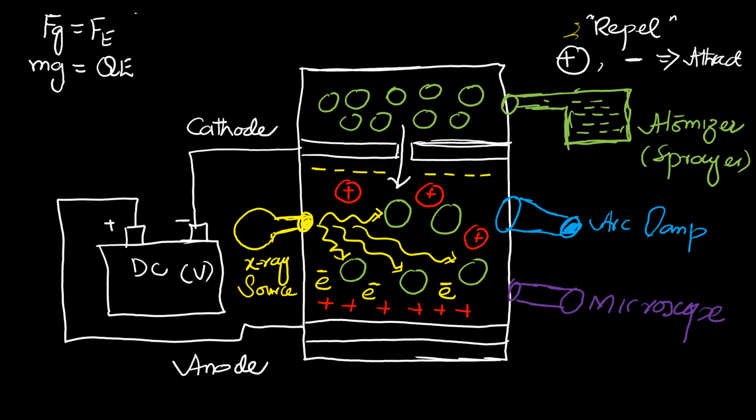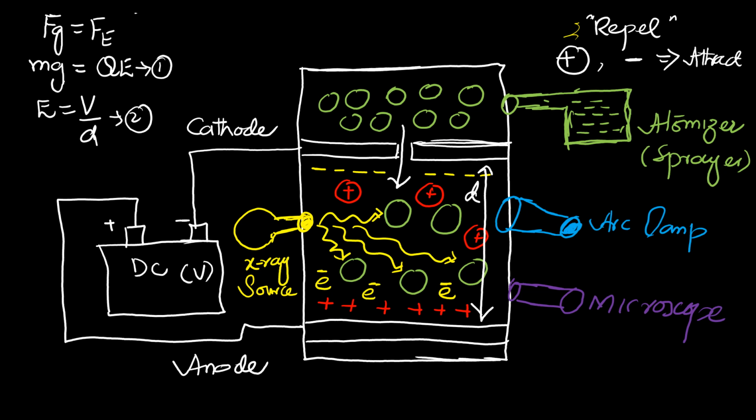And the electric field E is equal to V by d, where d, dear student, is the distance between the two electrodes, cathode and anode. Suppose this is equation number 1 and this is equation number 2.